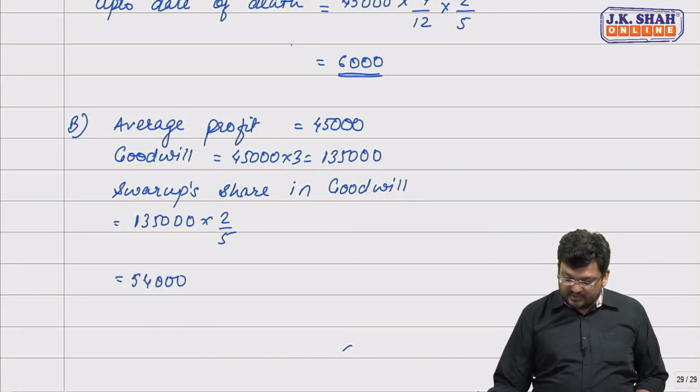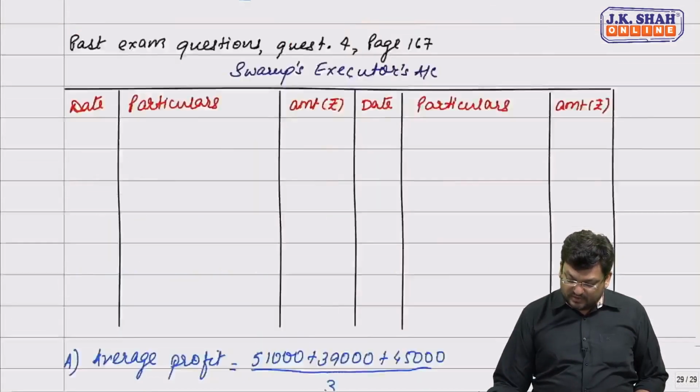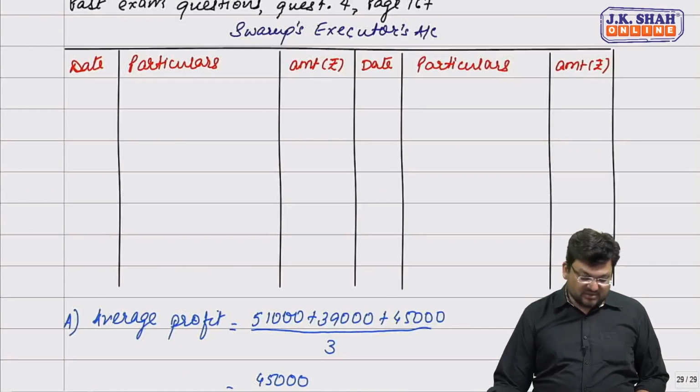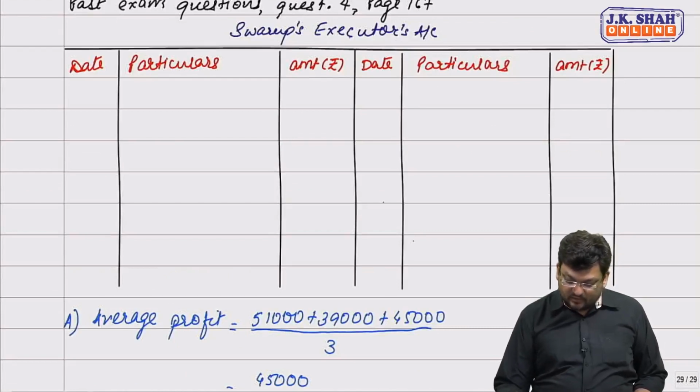So we have calculated his share in profit up to date of death. We have calculated his share in goodwill. Now we may prepare his executor's account. He died on 1st of May 2019. On 1st of January, balance in Swaroop's capital was 60,000.